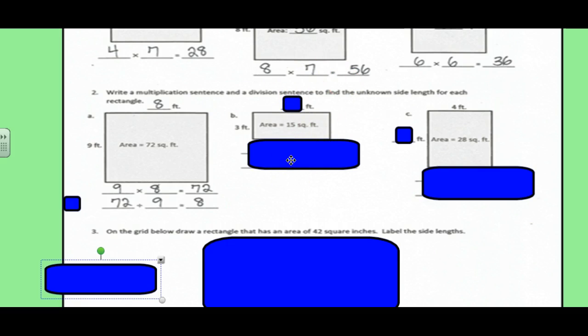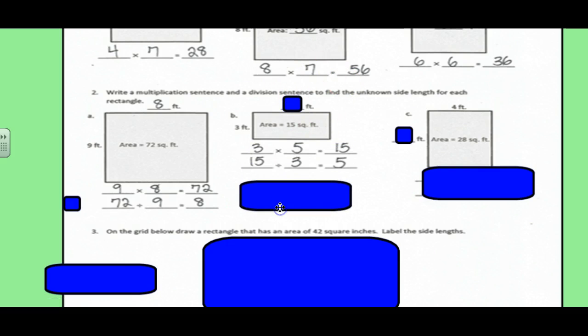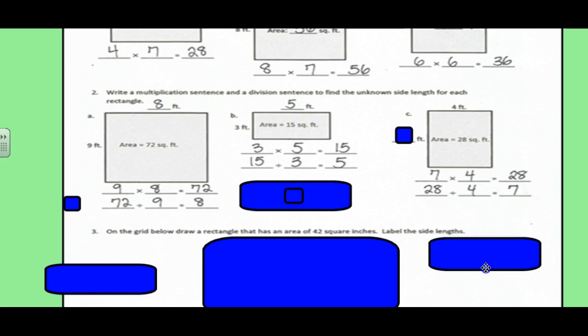Okay, so for rectangle B, the equations were 3 times 5 equals 15, and the division equation was 15 divided by 3 equals 5, so our missing side length was 5 feet. For rectangle C, our equations were 7 times 4 equals 28, and our division equation was 28 divided by 4 equals 7.